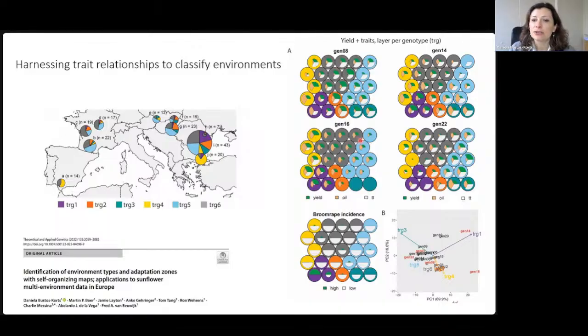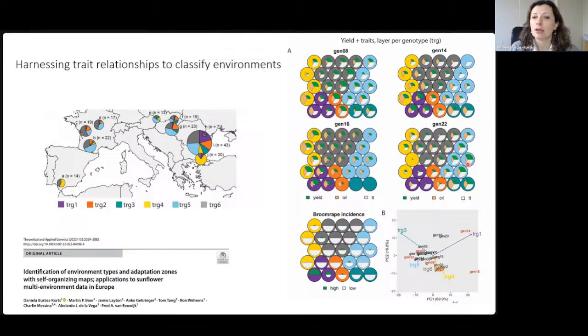Genotype 16, in contrast, is different because it's well adapted to most of the environments. It has large values in this green part. So we did that using all the genotypes, and then we combined the information, and we arrived at a cluster that says, basically, you have gray trials in which each genotype behaves in a similar way, and you have blue trials with other patterns of response in which other genotypes, for example genotype 22, would benefit.